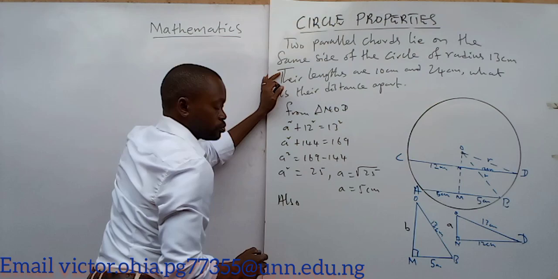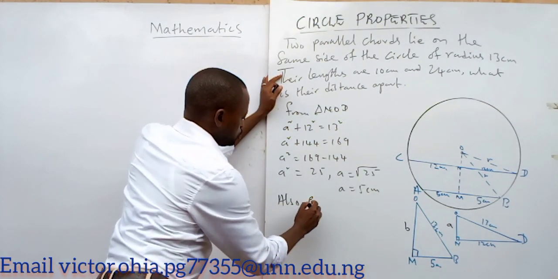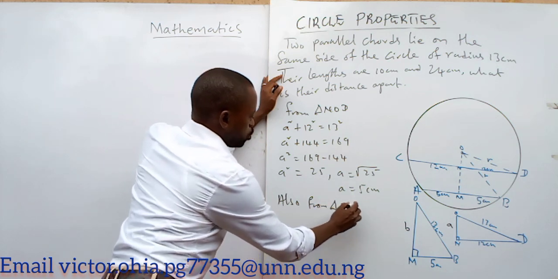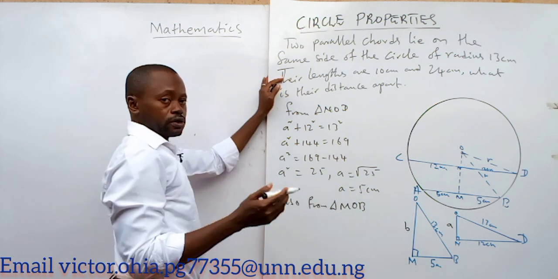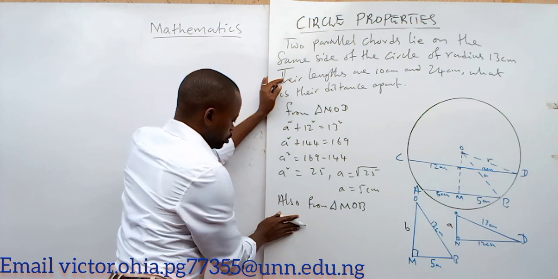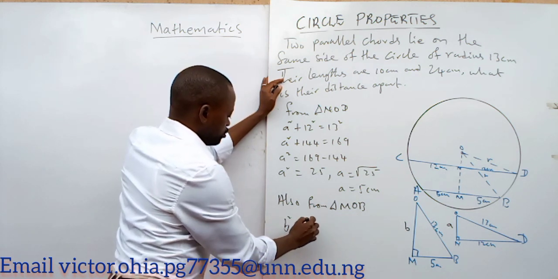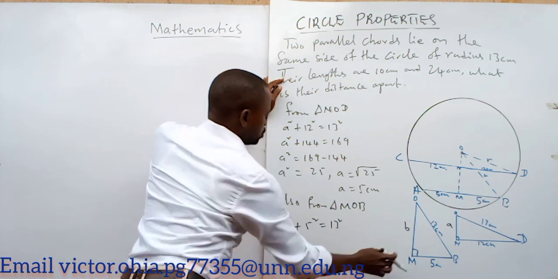Also, from triangle MOB, we also deploy Pythagoras theorem in solving for B. So B squared plus the opposite square plus the adjacent square, plus 5 squared, is equals to the hypotenuse, which is 13 squared. That is in this triangle.